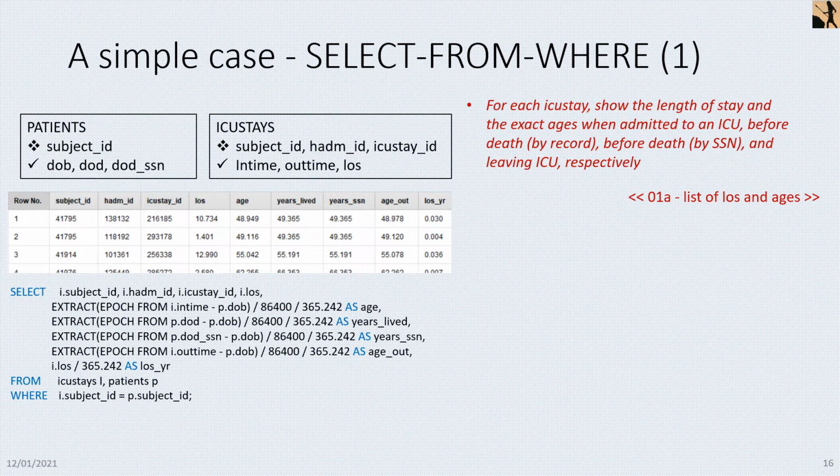Under that select segment, we use all these dates and the difference between days to come out with the age. It's a typical formula, but you might be a bit overwhelmed by keywords like extract epoch from. Anyway, we know logically what it tries to do.